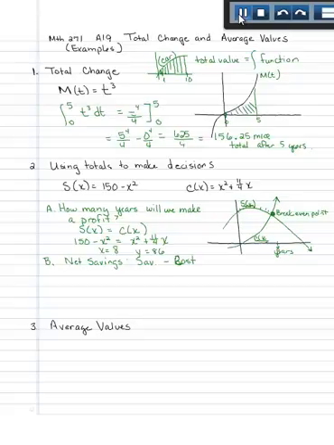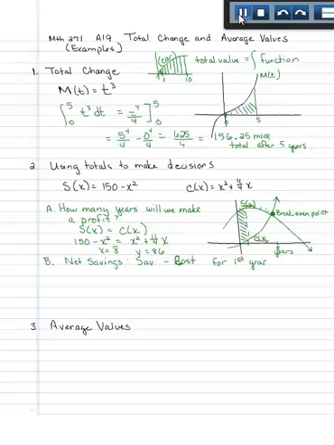And if I wanted to know how much am I saving over the first year, now I want to add up this area right here from 0 to 1. What is my net savings? So that shaded area is taking care of that.